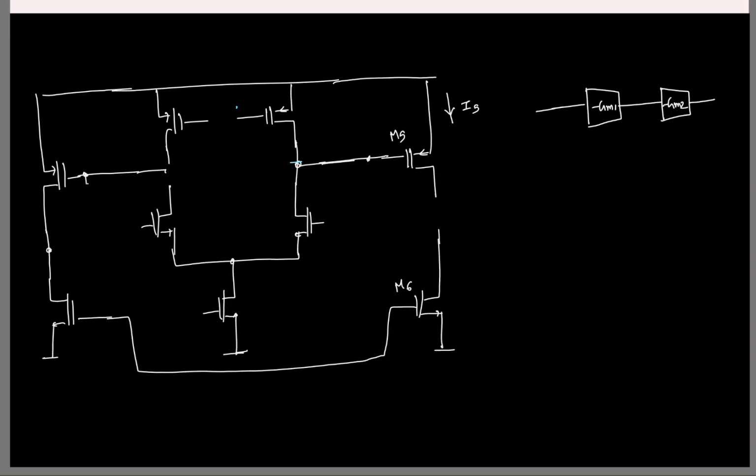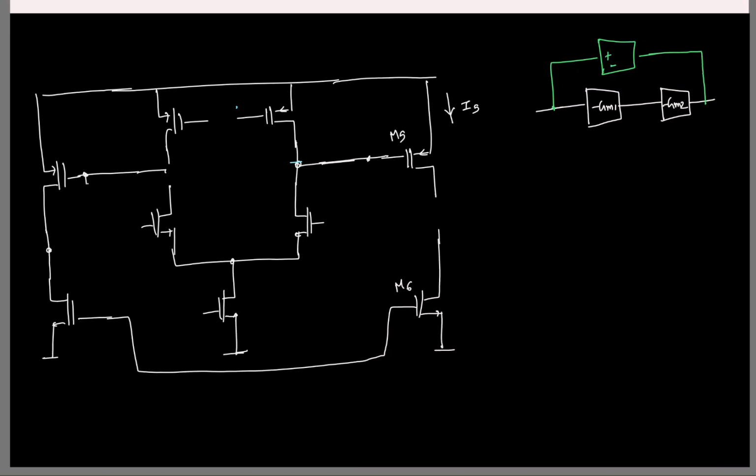What do I have to do to compensate in feedforward? I have to add a fast path using another GM. And this GM should be plus GM or minus GM?